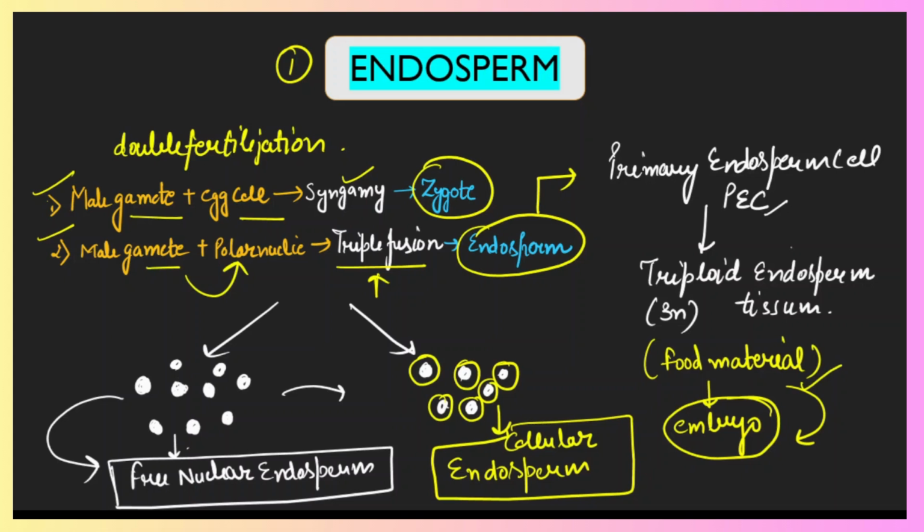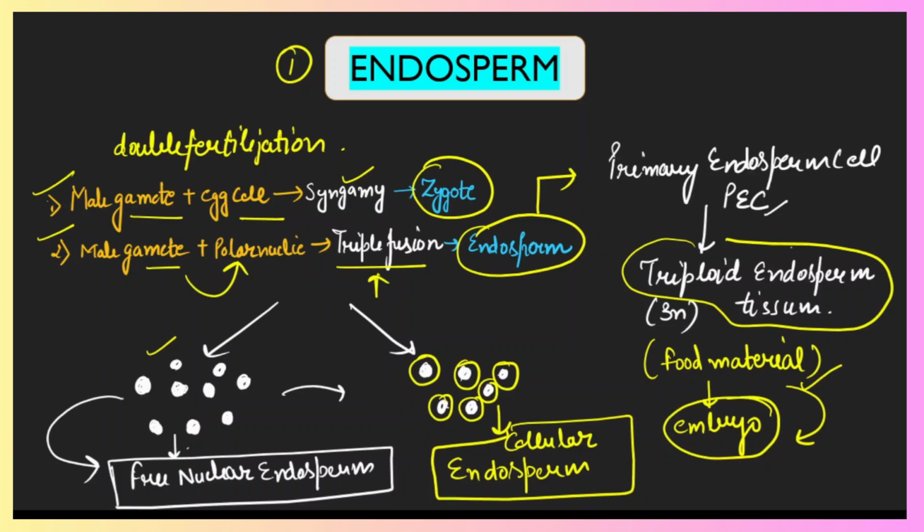First, if the nuclei of these endospermic tissues divide rapidly, that is free nuclear division occurs, these endosperms are called the free nuclear endosperm.